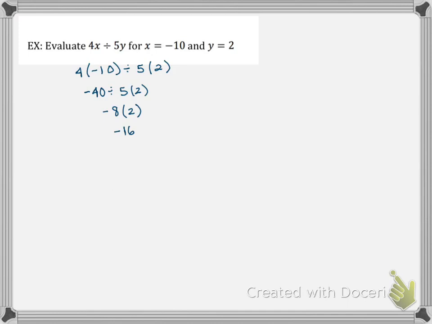You just can't do it the other way around. If I did -10 divided by 5 first, I would get 4 times -2 times 2, and then do all that multiplication, and you get -16. So if it's simpler for you to do the same order every time, then it's division, then multiplication.